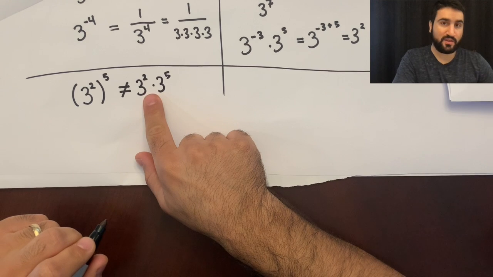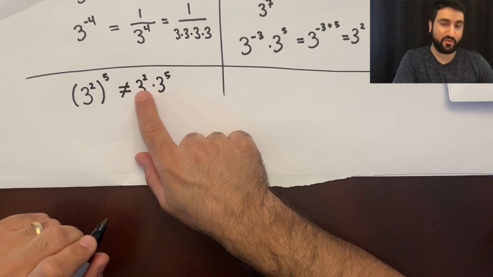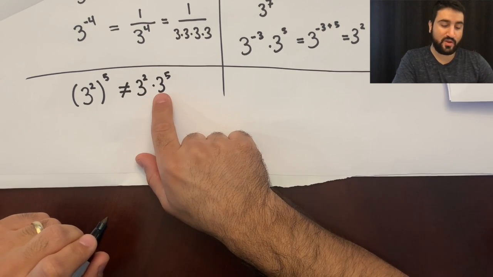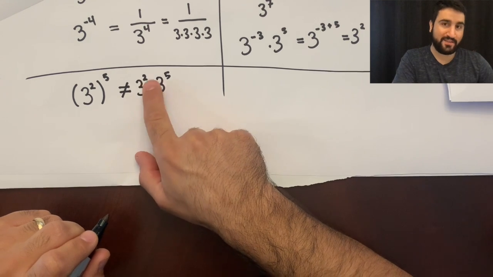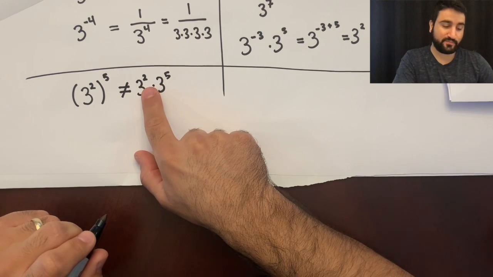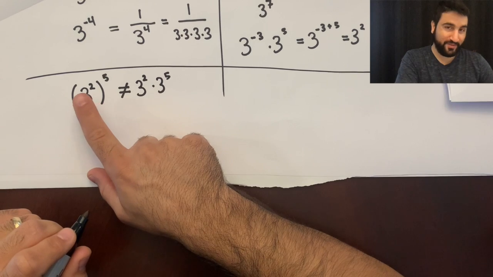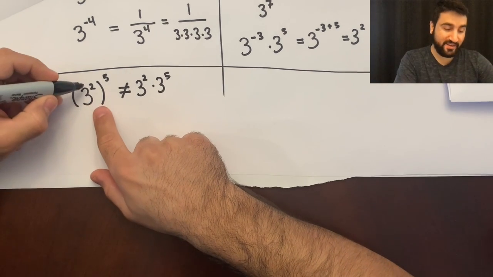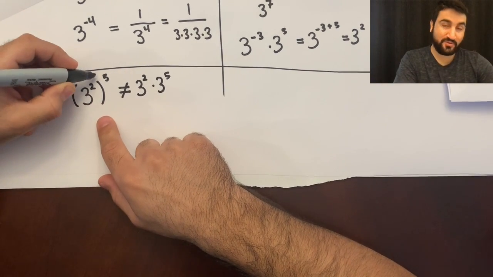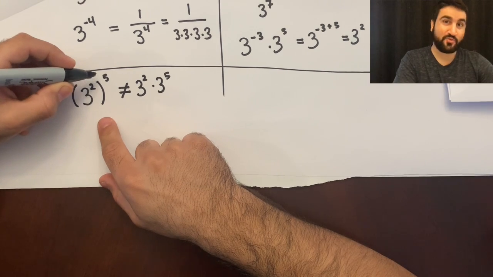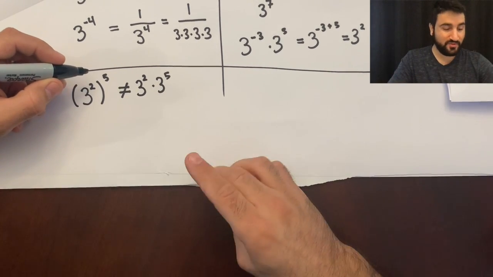That one you're multiplying the terms, so you add the exponents. This one, you're raising the power to a 5, so you're going to multiply the numbers.